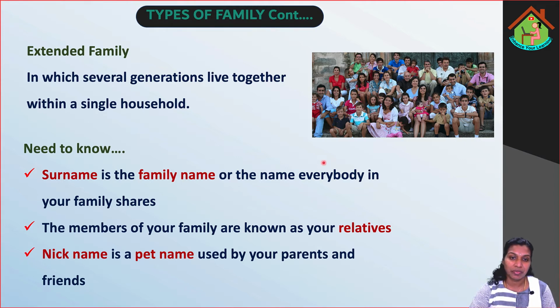Next, we will see some of the other important points. What do you mean by surname? Surname is the family name or the name everybody shares in your family. For example, if your father's name is John, your name will end with John and your mother's name will end with John and your sister's name will end with John, right?